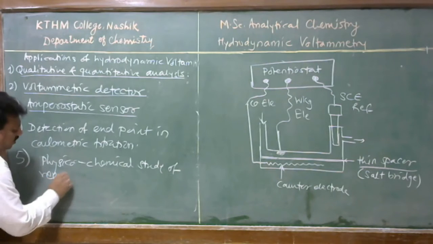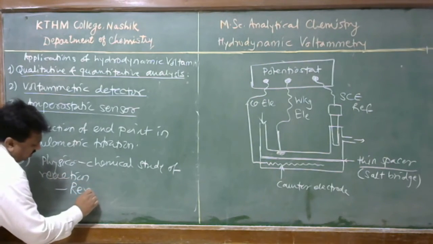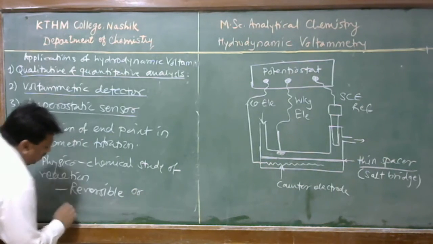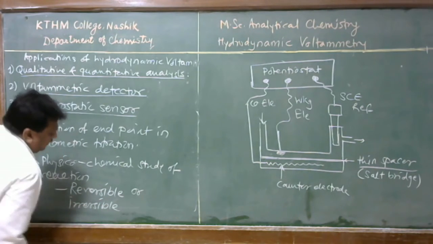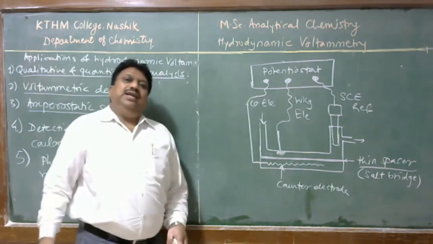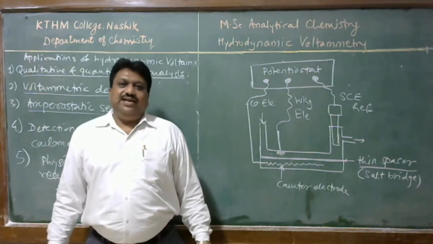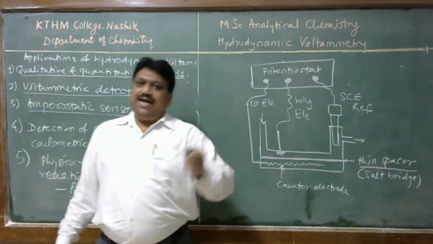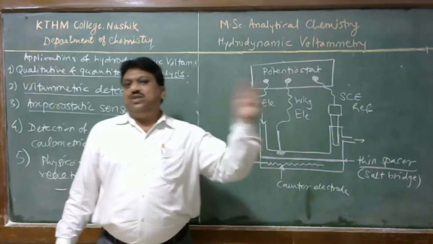This is related to reversible or irreversible reactions. We know that in hydrodynamic voltammetry we can oxidize the analyte, we can reduce the analyte. Suppose, for example, we have a specific analyte that reacts with another substance and that gives a product.